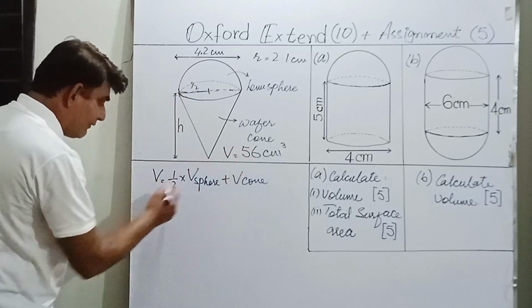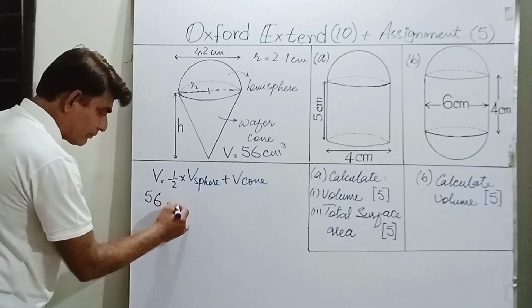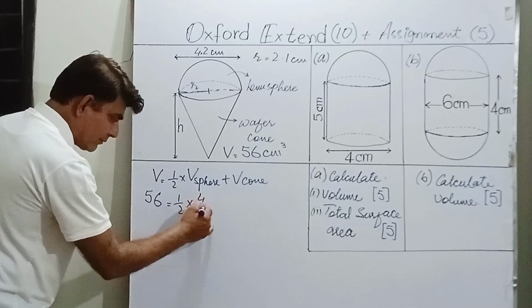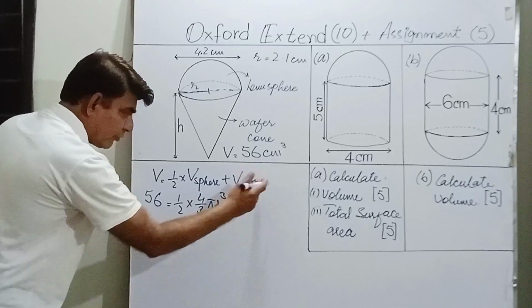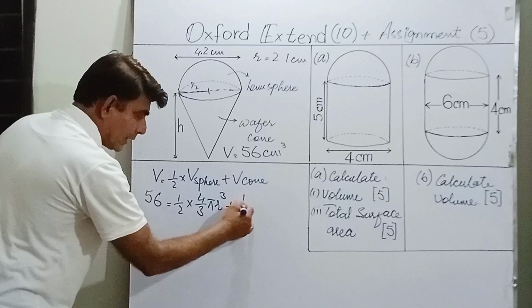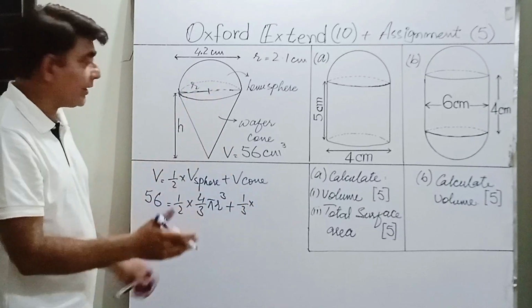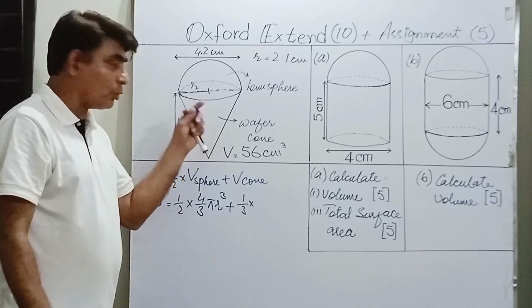Now the volume we are given: 56 would be equal to half times the volume of a sphere, which is 4 upon 3 pi r cube, plus the volume of cone, which is 1/3 into base area. Now the base area means the circular shape of a cone.